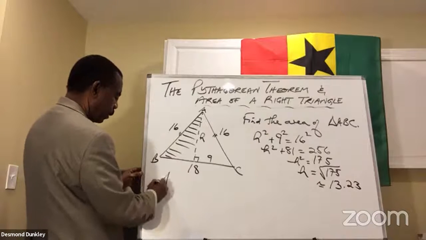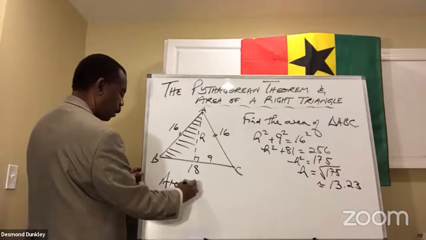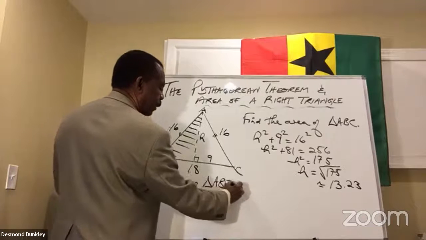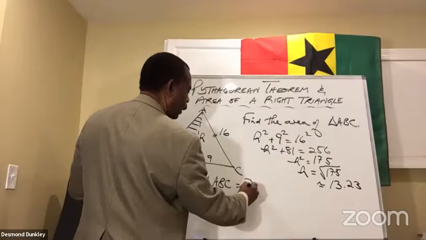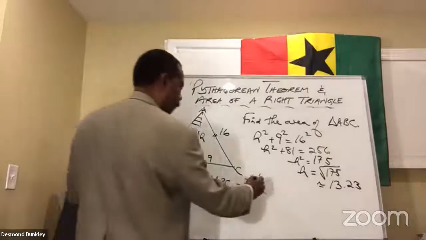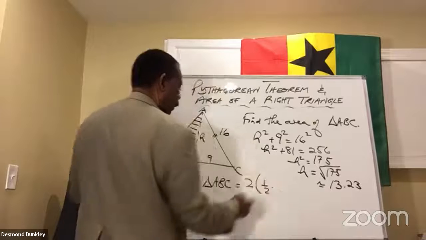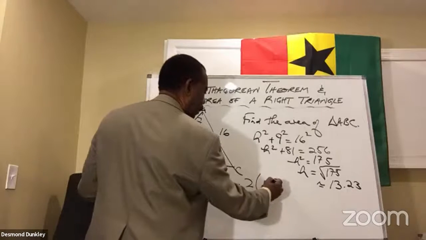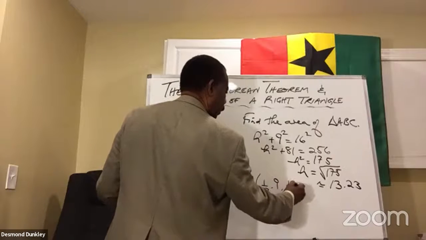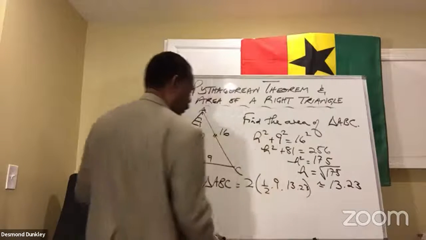So the area of triangle ABC is going to be equal to 2 times a half times the base, which is 9, times the height, which is 13.23.